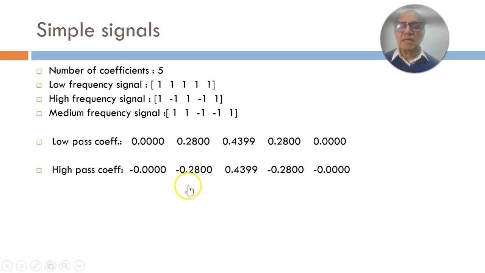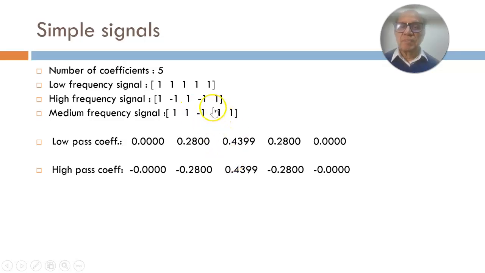So now you find that some of the product terms are negative and one of the product terms is positive here. So you will get a low output for low frequency signal because this is a high pass filter. But similarly, it will be easy to show that if you consider a high frequency signal and do the multiplication, 1 into 0 is 0. Now this is minus, this is also minus, so it becomes plus.